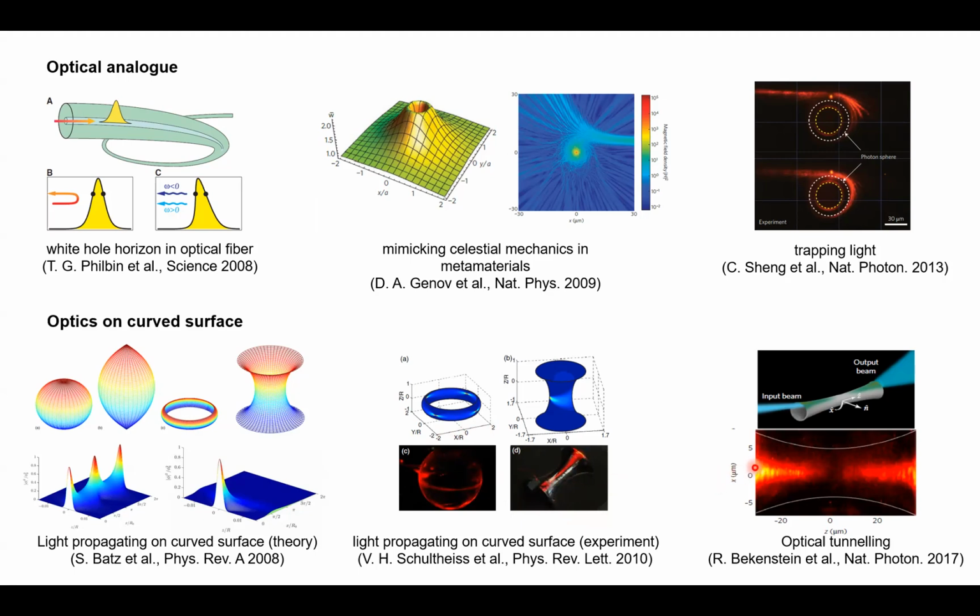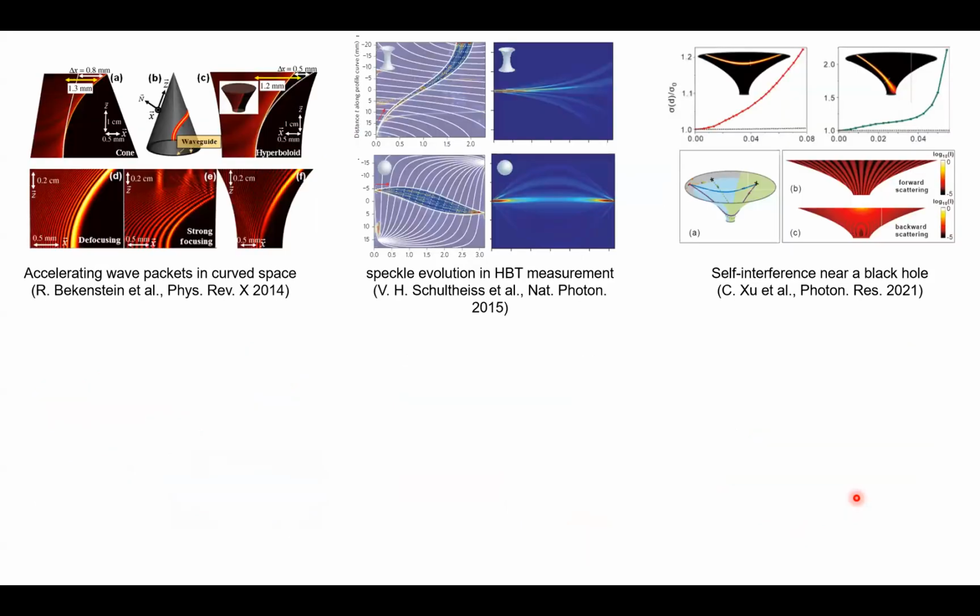Later, many scientists studied more optical effects on various surfaces. For instance, on this surface they found the photon tunneling effect, and also the observation of accelerating wave packets in curved space, the spatial evolution in the HBT measurement, and the self-interference near a Schwarzschild black hole.